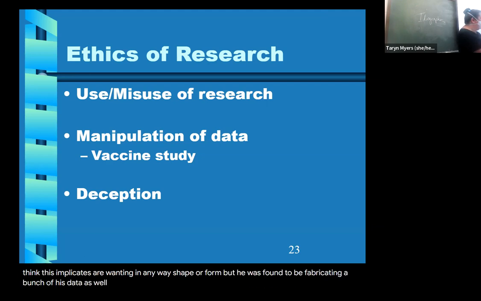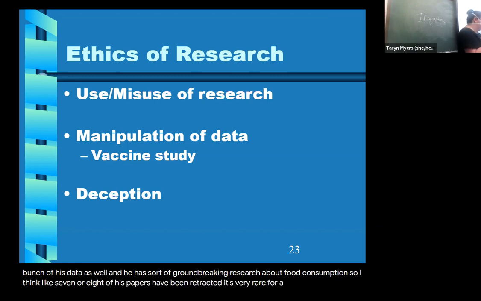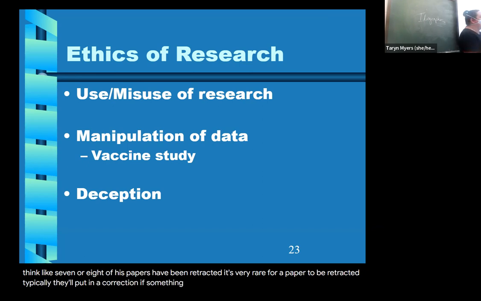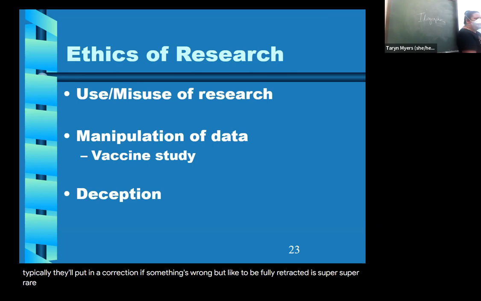And he had sort of groundbreaking research about food consumption. So I think 7 or 8 of his papers have been retracted. It's very rare for a paper to be retracted. Typically, they'll put in a correction if something's wrong. But to be fully retracted is super, super rare. So yeah, don't be unethical if any of you decide to go into research. It ends up being really bad for all your co-authors who don't know you've done this.